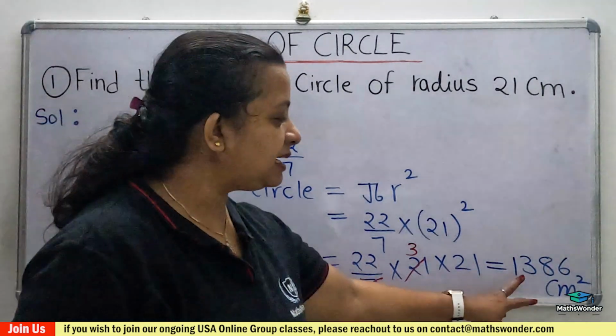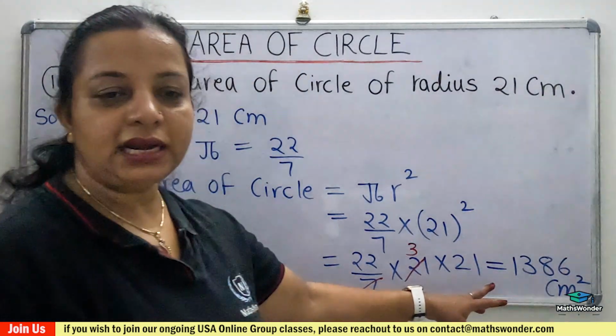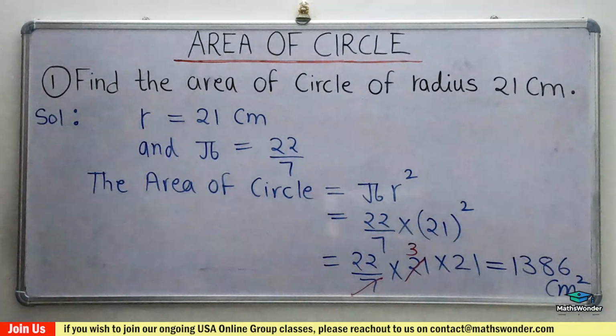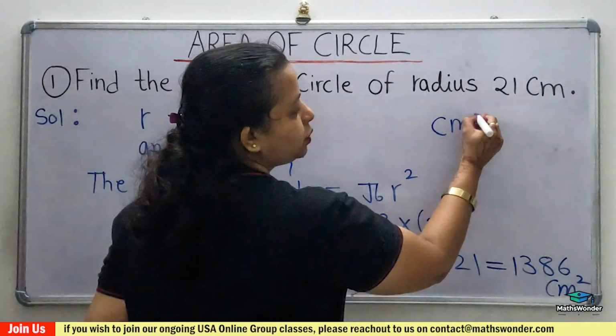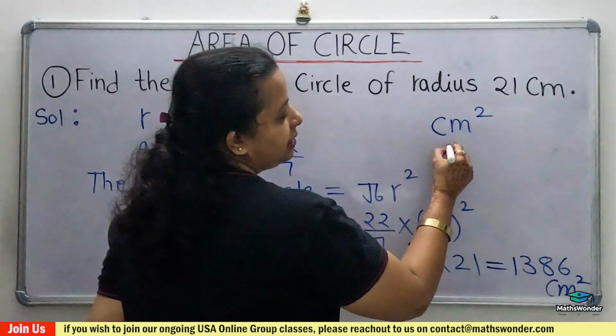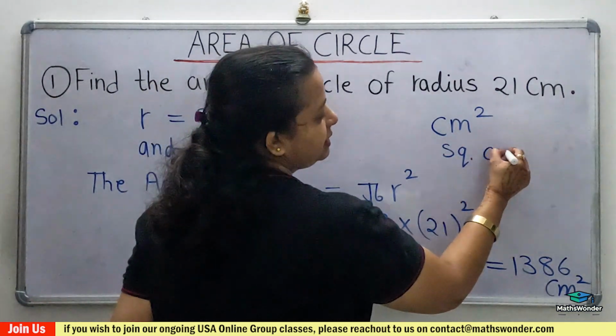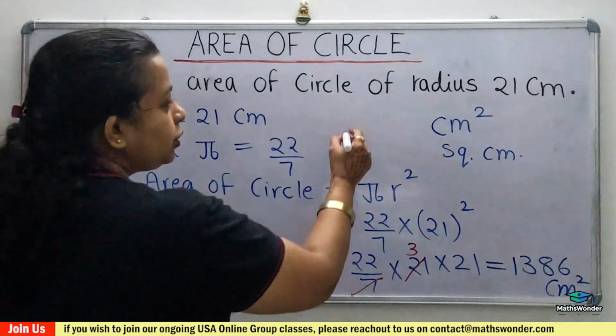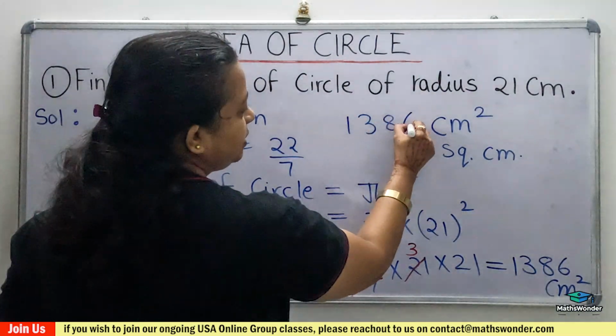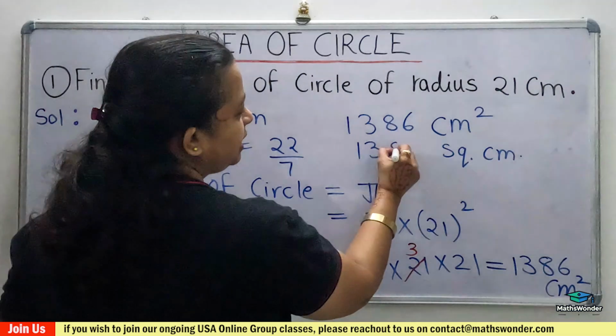So your final answer is 1386 centimeter squares. You can write it in two ways, like centimeter squares, or you can write it square centimeter. Both the variations are correct. So you can write it 1386 centimeter square, or you can write it 1386.